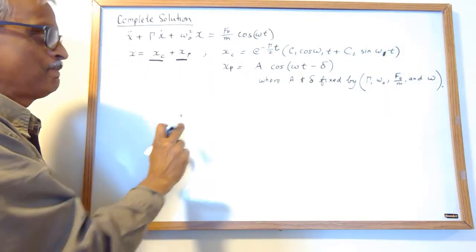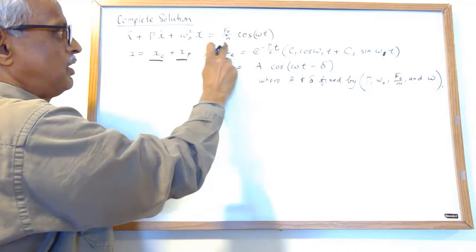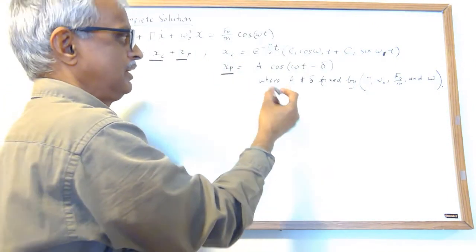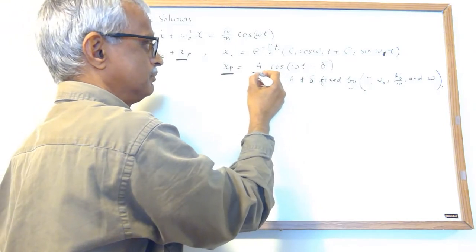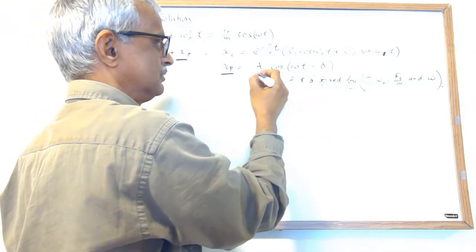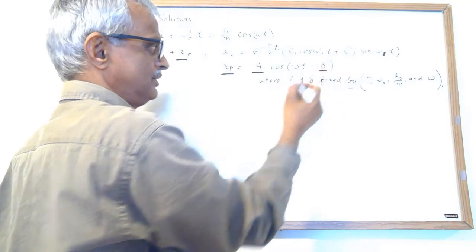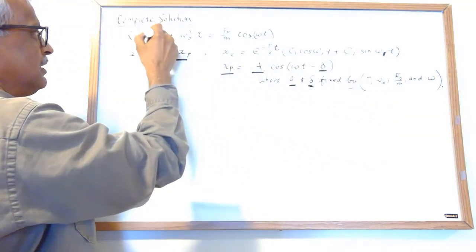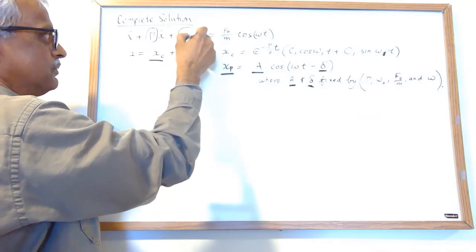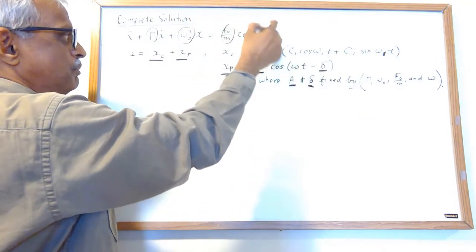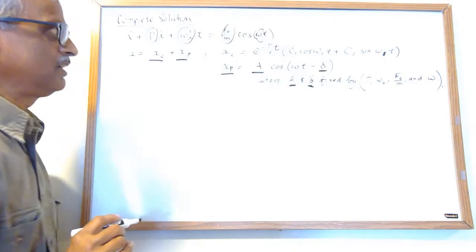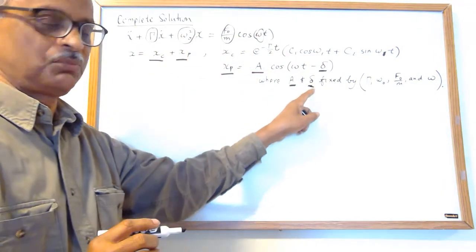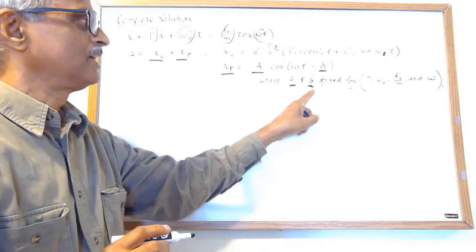The one which solves the whole thing, XP, can be written using some amplitude and some phase, but these amplitude and phase are completely fixed by the parameters of this equation. Once you give me those things, I know what A is and what delta is.